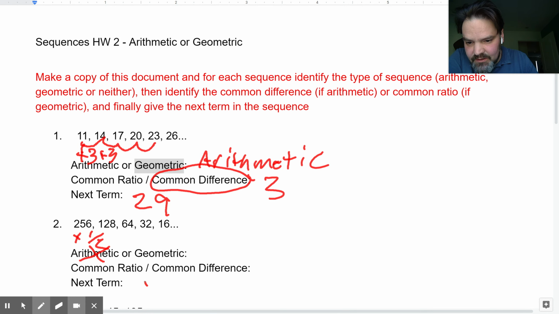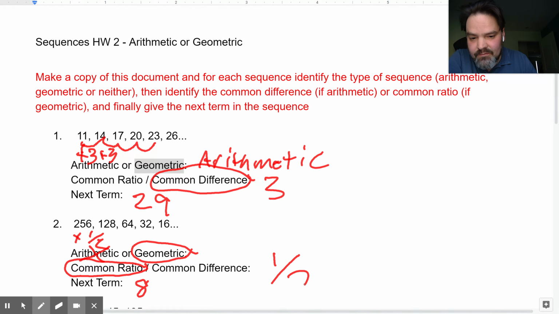So I kind of started at the bottom here, but the answer is 8 for the next term. It is geometric. You can just type that out, probably the easiest way to show me that you know what you're doing. And our common ratio this time is going to be the thing which we multiply each time, which is 1/2.